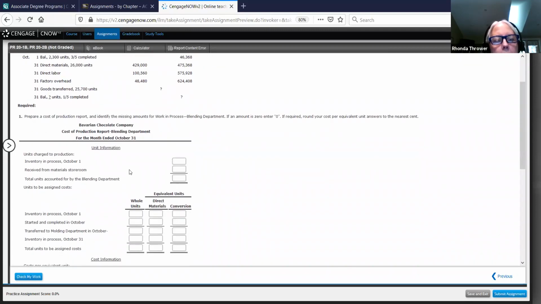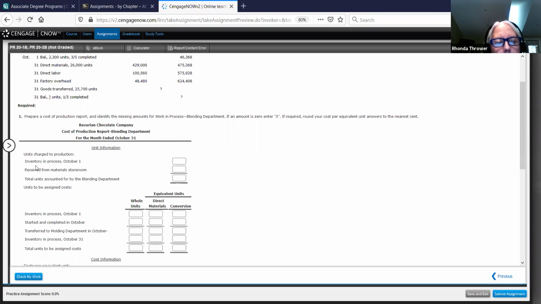When we start a cost of production report, we start with unit information. The cost of production report is divided into two separate parts: a part for unit information and a part for cost information that's coming. We want to start with the unit information first and complete it first.